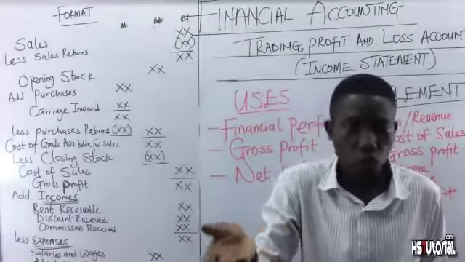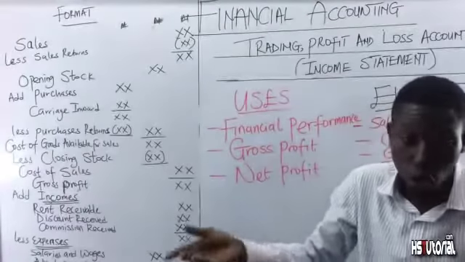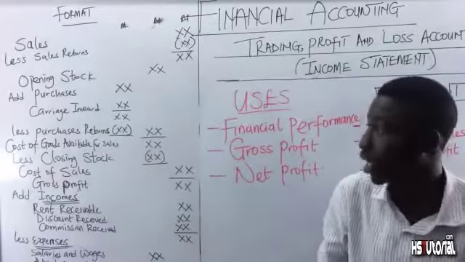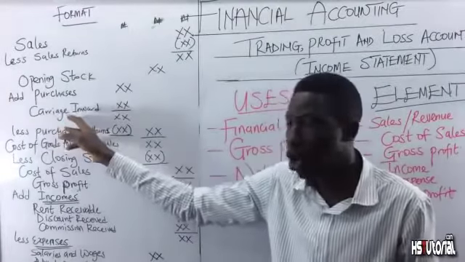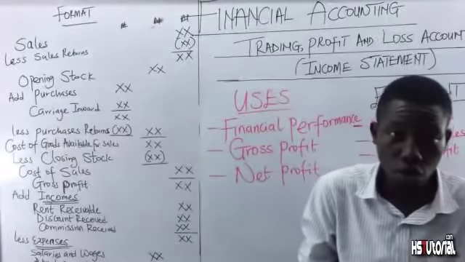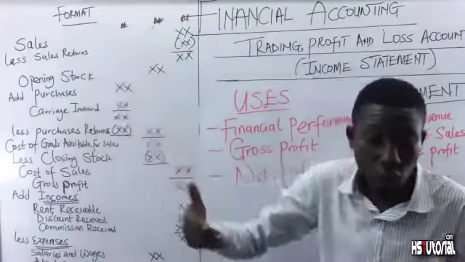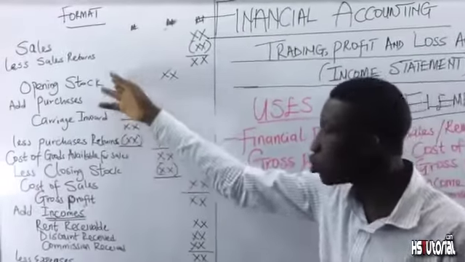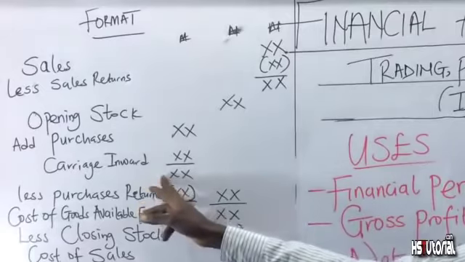Those kinds of transportation costs, we can add everything together, goods in transit and everything, to form your carriage inward. When you have carriage inward, it is a cost to you. So the cost you incur in bringing the goods to your normal location, if you add it, this is what you are going to have. The figure you are going to have, you will have to write it here.